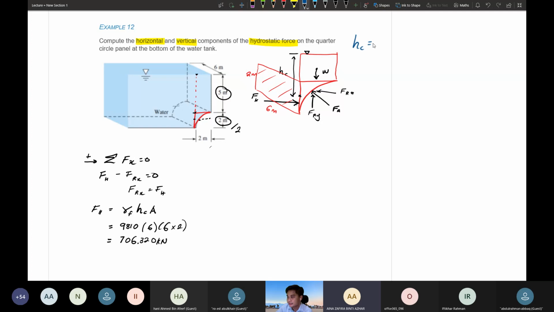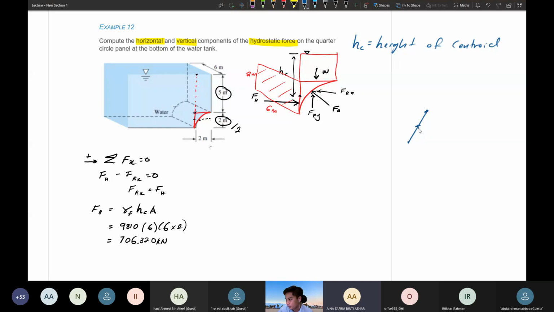HC is the height of the centroid. When we refer to any kind of plane, for example, this is our plane. Where is the centroid? At the middle.